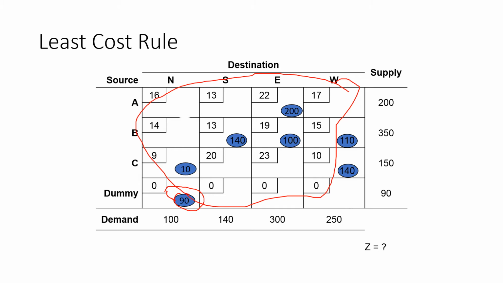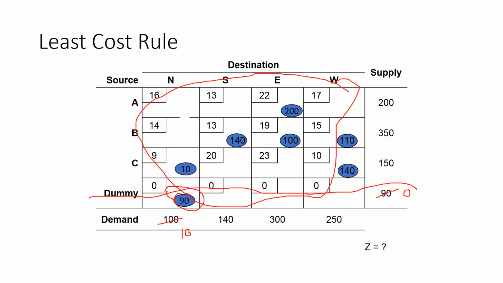That means the minimum is 90, so allocate 90, and then this becomes 10, and this becomes 0, and we will have to remove temporarily the row or column that has a 0 next to it. So this is 1. Now from whatever is left in the table, I will look at the least costs.